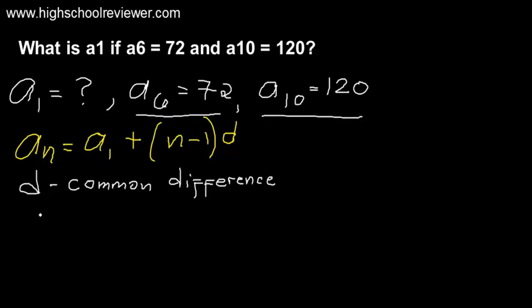Now, for our a sub 6, the equation is a sub 1 plus n minus 1 multiplied by d. Our a sub 6 is positive 72.